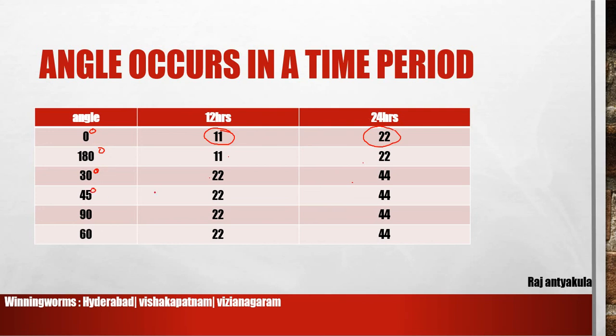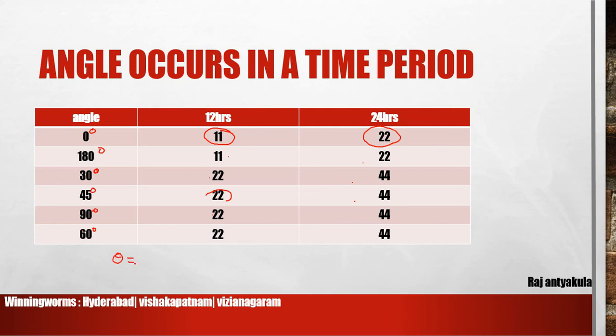Similarly, 45, 90, and 60 degrees each occur 22 times in 12 hours, 44 times in 24 hours. Simple.